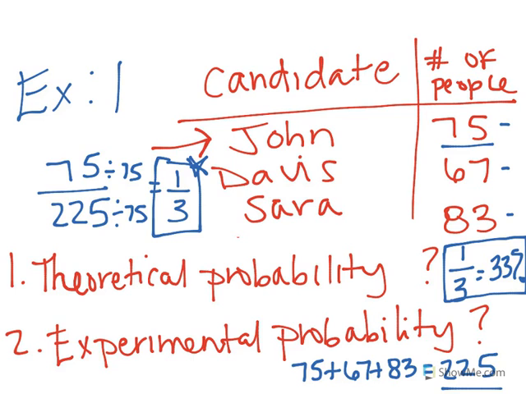Sometimes it doesn't work that way, but a lot of kids get mixed up on what's the difference between theoretical and experimental. Theoretical is what you expect to happen, and experimental probability means what actually does happen. So we expected John to get 33% of the votes because he was 1 out of 3 candidates, and in actuality he did get 33% of the votes because he had 75 out of 225 votes.